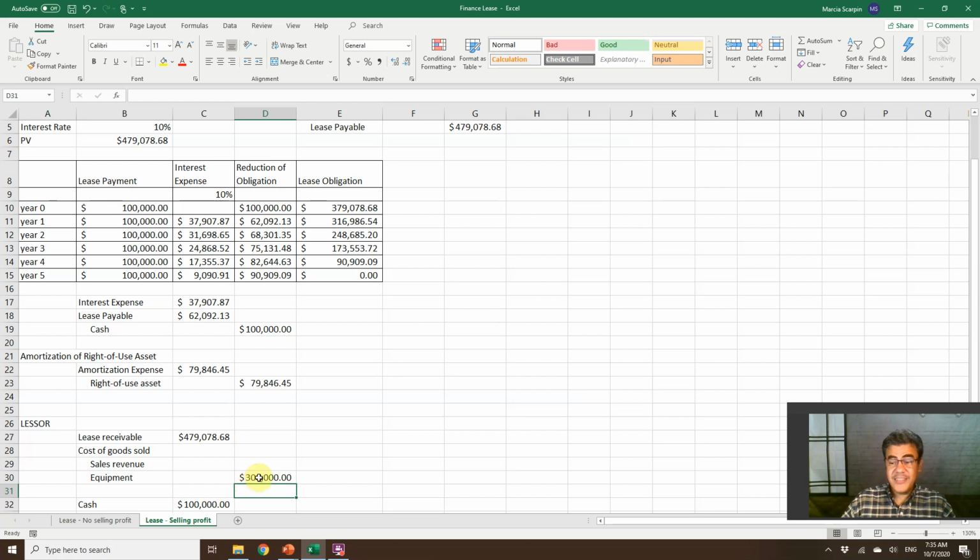However, this is the core business of this company, so we need to split it in revenue and cost of goods sold. So our revenue is the lease receivable because debit receivable, credit revenue. And the 300 remaining is our cost of goods sold. It's just like this equipment here is the inventory instead of property, plant, and equipment. And if we are talking about leasing companies, these are equivalent to their inventory.